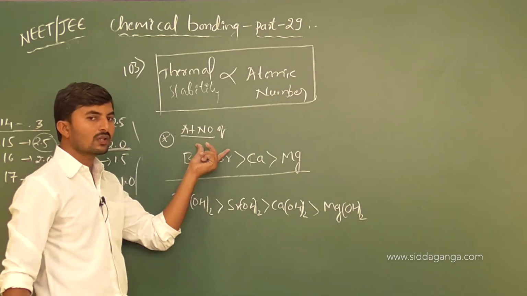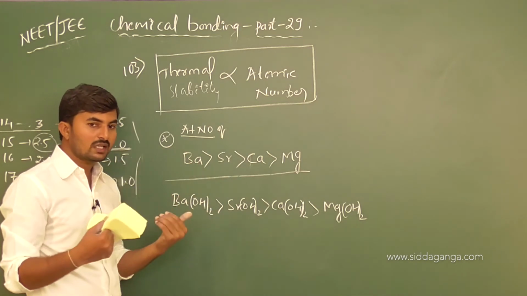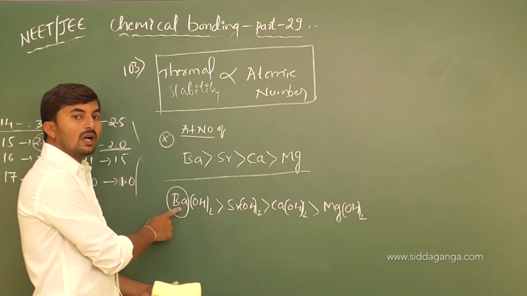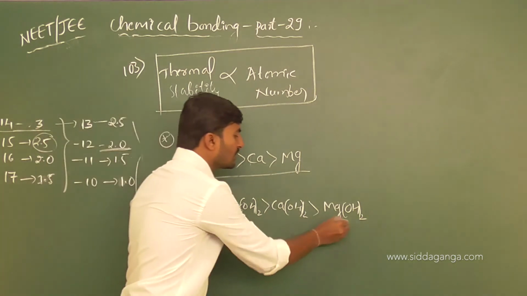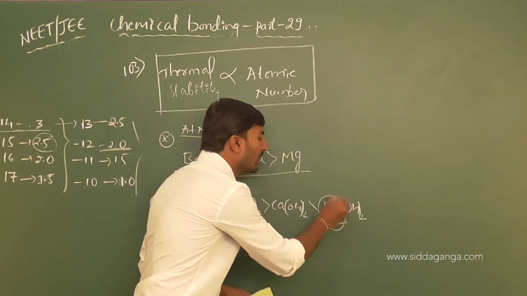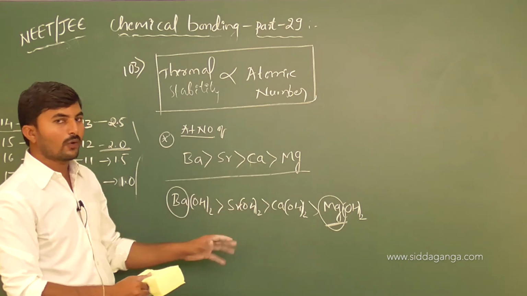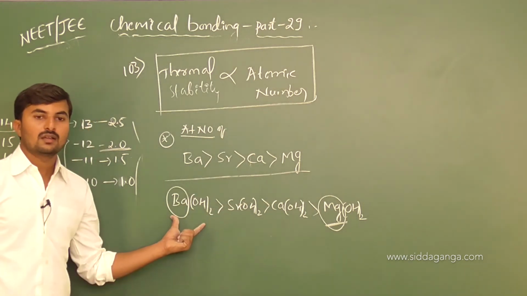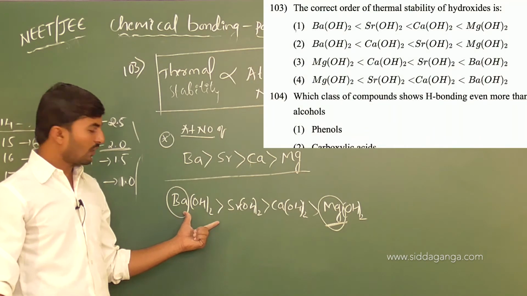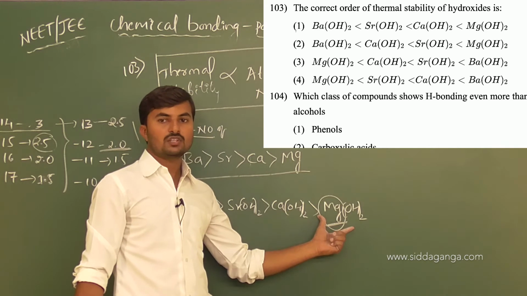Atomic numbers. This barium hydroxide molecule possesses more thermal stability only because of the higher atomic number of the barium atom. Magnesium has less thermal stability only because of its lower atomic number. So in this series, thermal stability follows this order: barium hydroxide greater than strontium hydroxide, followed by calcium hydroxide, followed by magnesium hydroxide.